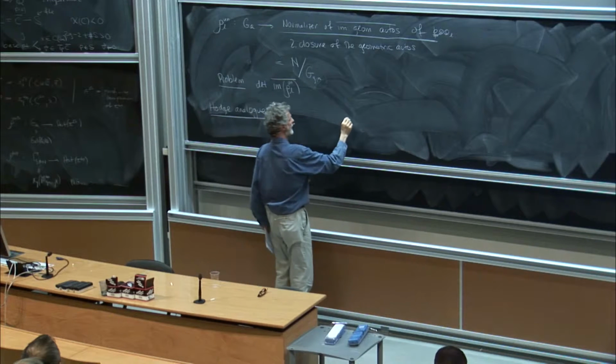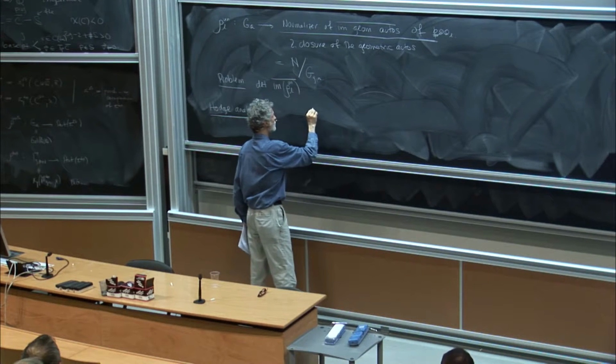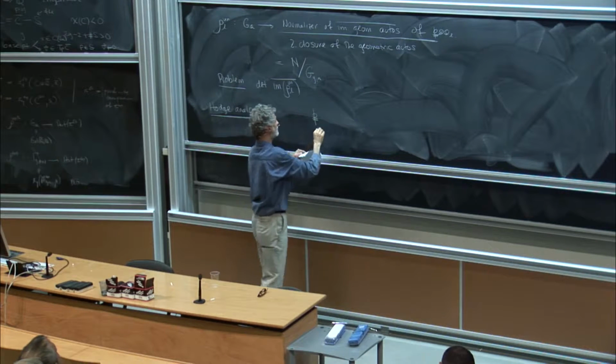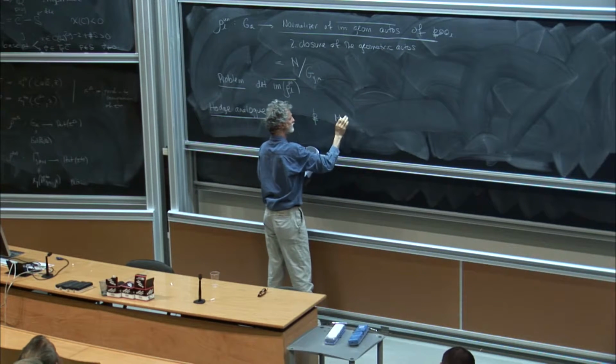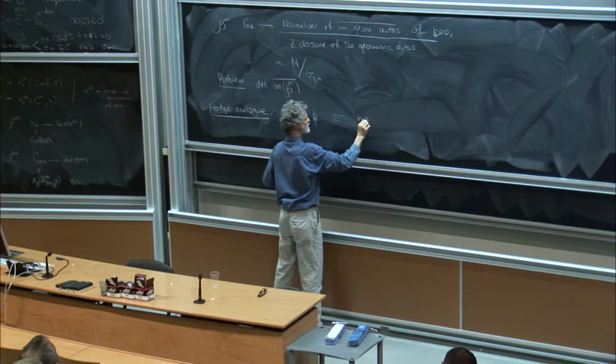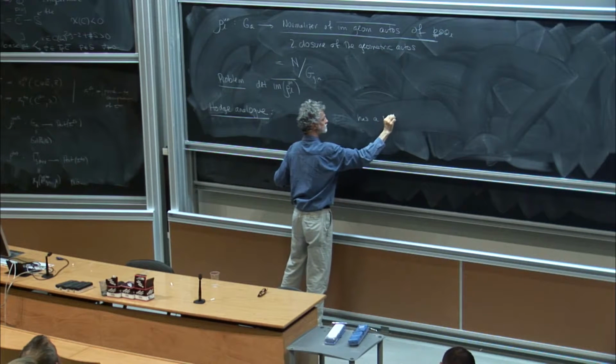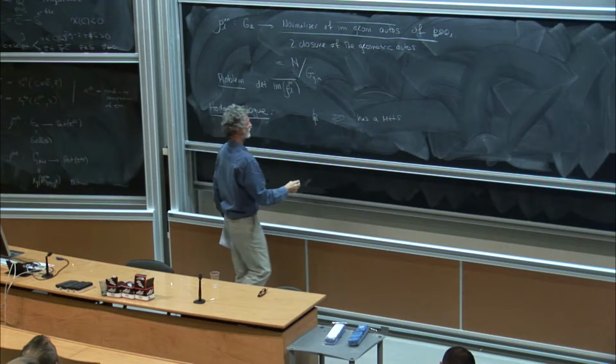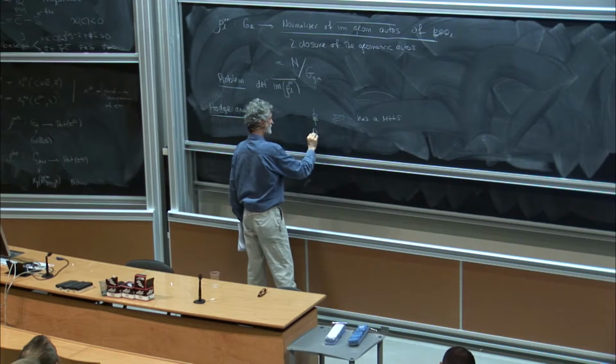So P, this Lie algebra up there, has a mixed Hodge structure. And now you can look at the automorphisms of P, or let me just do it infinitesimally.